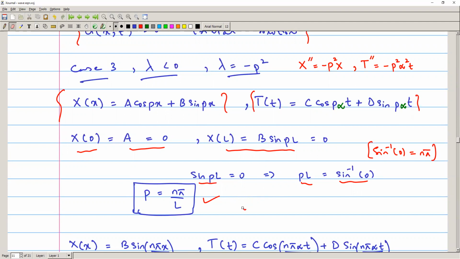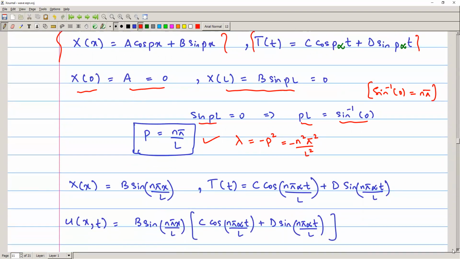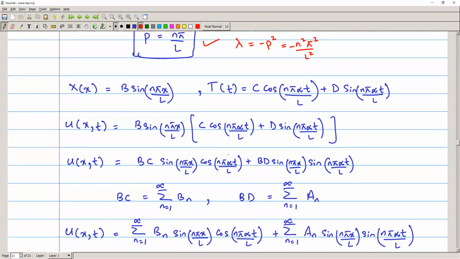We said that lambda is equal to negative p squared, so lambda is negative n squared pi squared over L squared. This is the eigenvalue for this case, and then we will generate the eigenfunction.